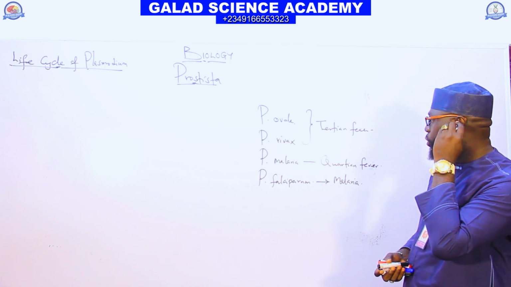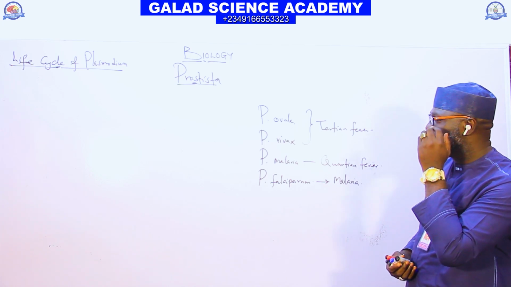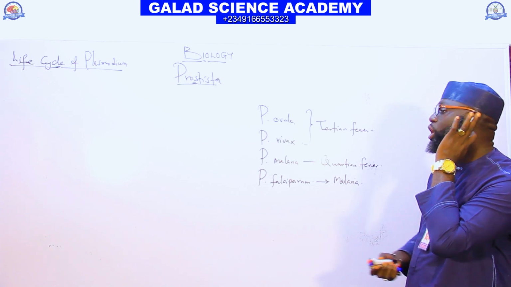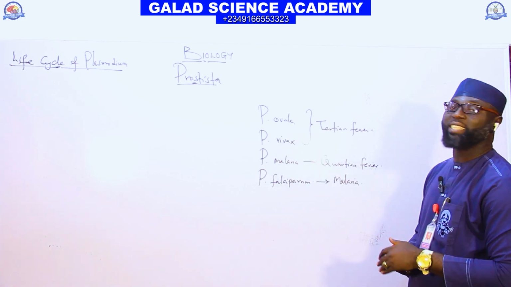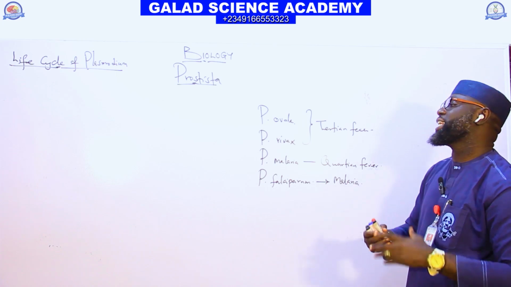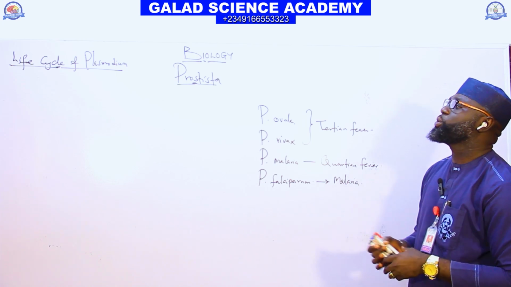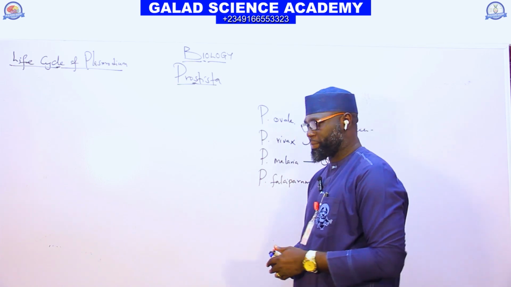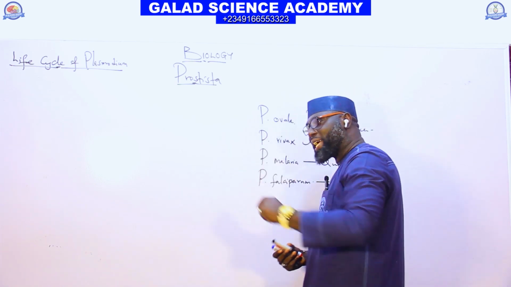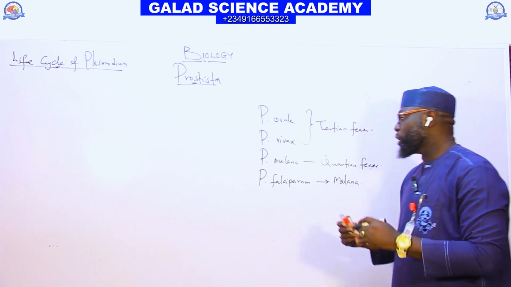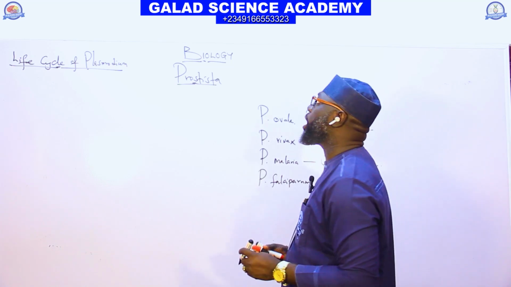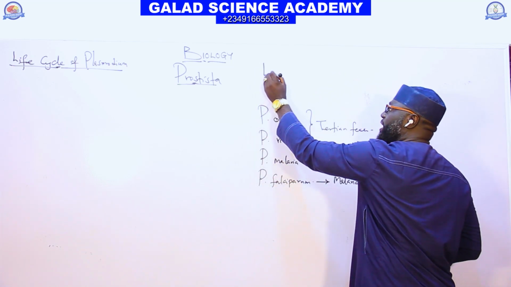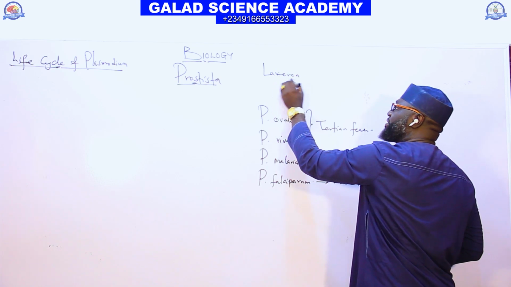We also have the scientific contributions. We have 3 basic scientists whose contributions in the life cycle of malaria we need to know. The malaria parasite itself was discovered by a scientist called Laveran.